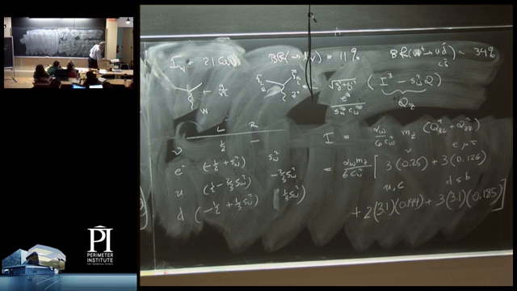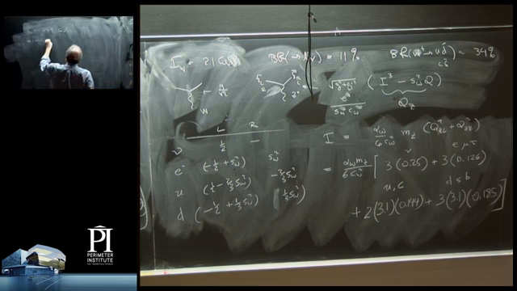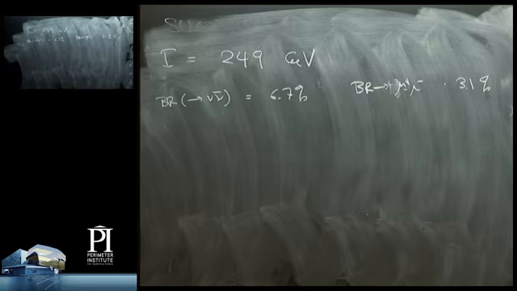And then if you look at the relative sizes of the formula, you get the branching ratios. So the branching ratio to a neutrino pair is 6.7%. The branching ratio to, let's say, mu plus mu minus is 3.3%.